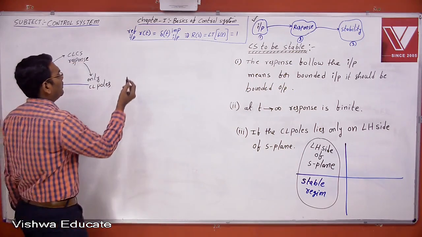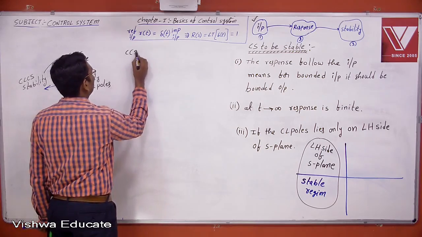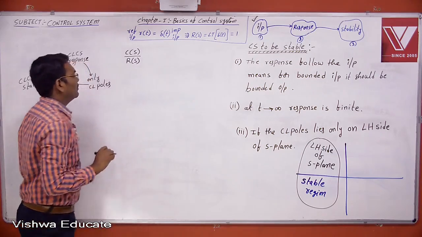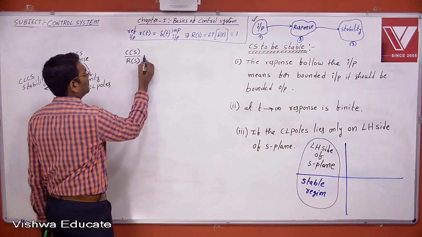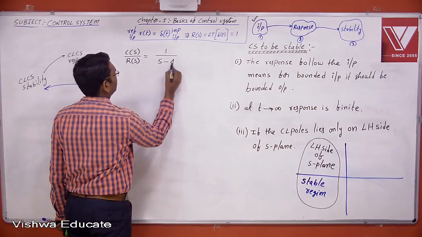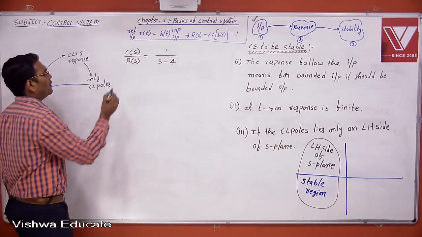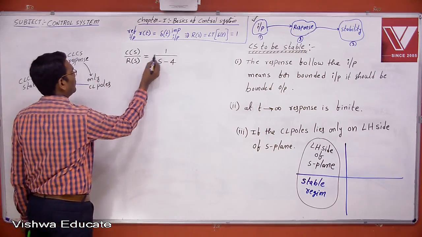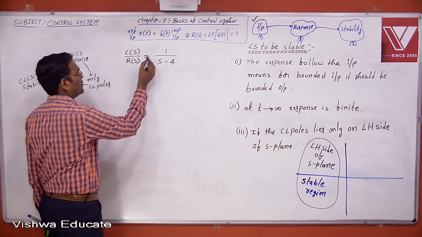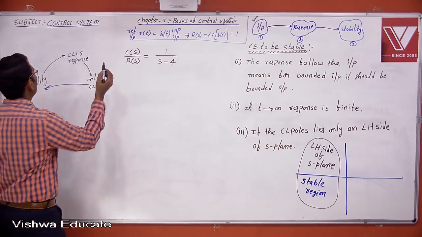Now let us take one example here. This is the closed loop control system transfer function, which is given to you. Now this is C of S by R of S, which is equal to 1 by S minus 4.